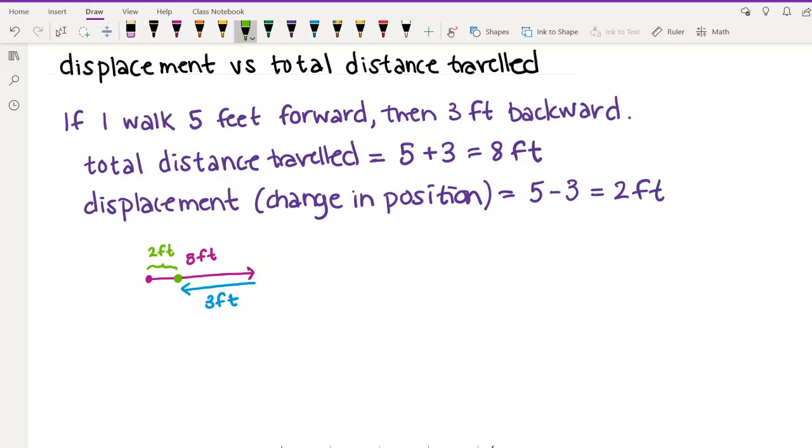That's what displacement means. It's where the object is in comparison to where it started, which is the same as thinking about how much its position changed from the starting point to the finishing point. So my change in position was only 2 feet, even though I actually walked a total of 8 feet. And sorry, I'm going to make this clear because this kind of looks like it says 8. So this was 5.